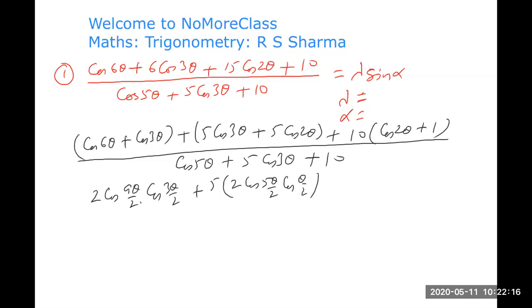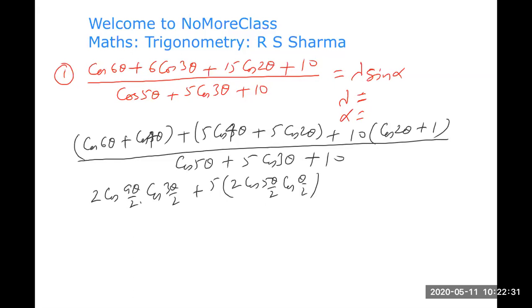I think some change must be there in this. Let me check, if it is 4 theta. This will be 4 theta. Then what will happen?